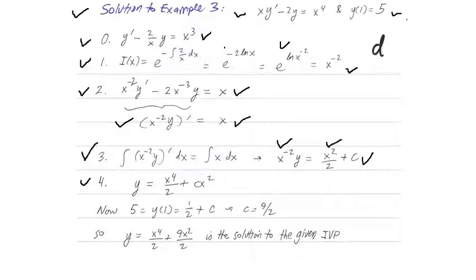Then we recall our initial condition up here at the top of the page and plugging that initial condition in, plugging in 1 for x and 5 for y, we see that the value of c would be 9/2. So we get that thing it looks like for the solution of our initial value problem. That function satisfies the differential equation and the initial condition.